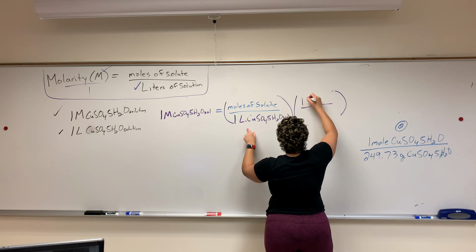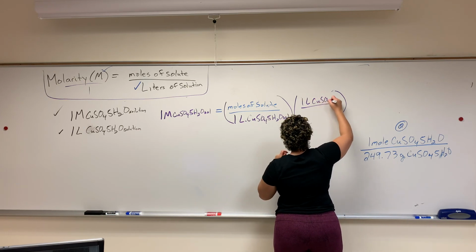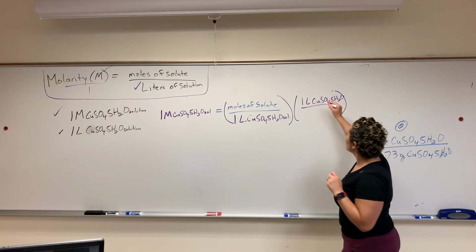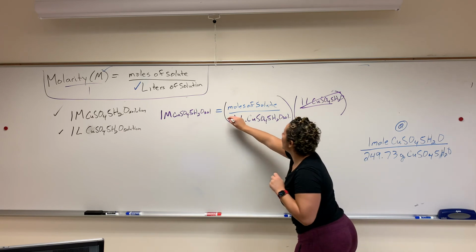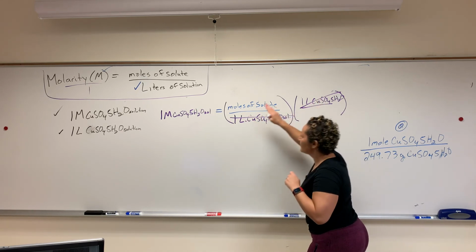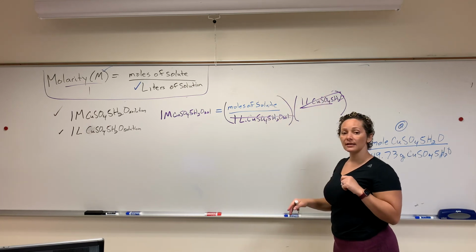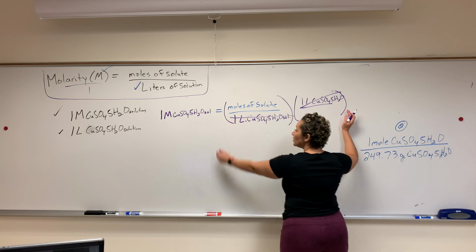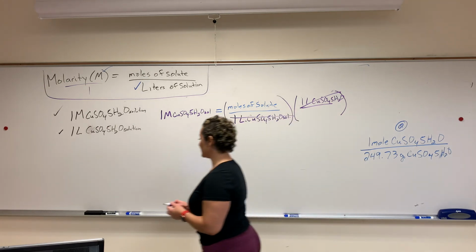So I times it by 1 liter CuSO4 by H2O solution. There you go. You cancel and you cancel. Why? The 1 is the same. The liter is the same. The copper sulfate solution is the same. You cancel it. But whatever you do to this side of the equal sign, you got to do to that side of the equal sign.